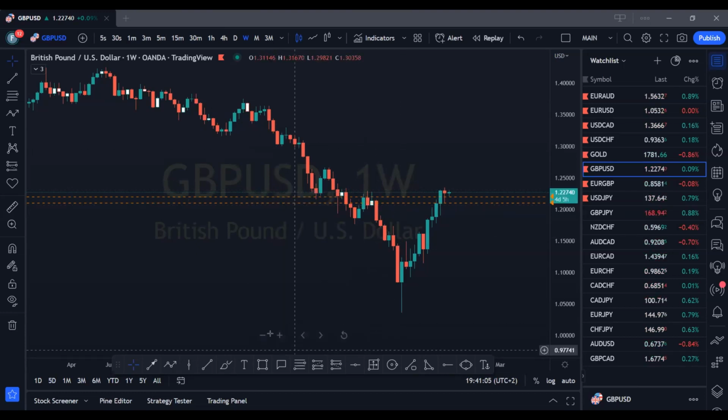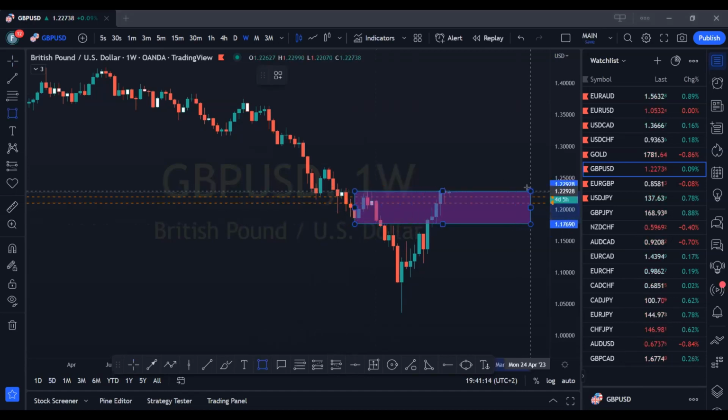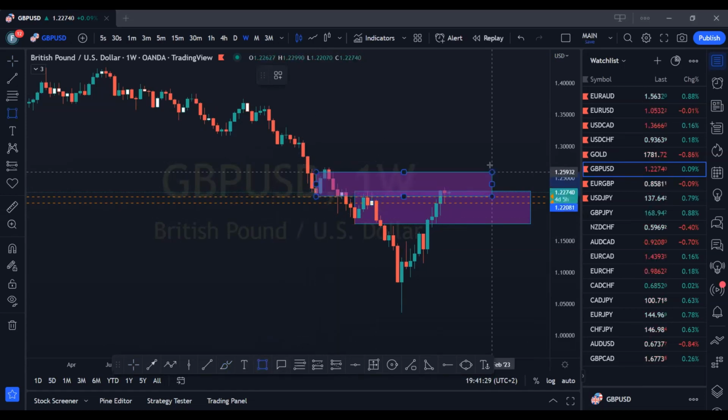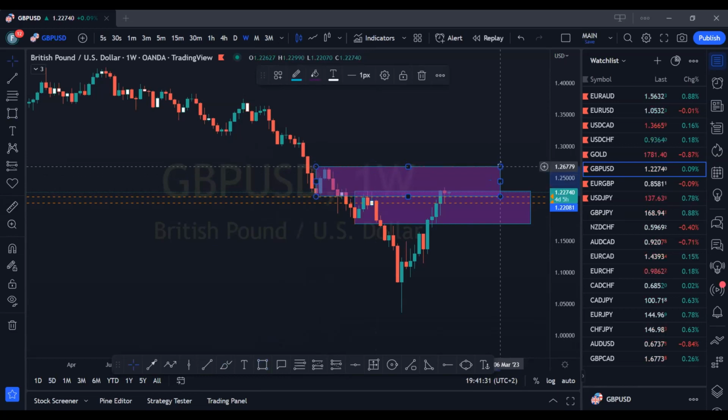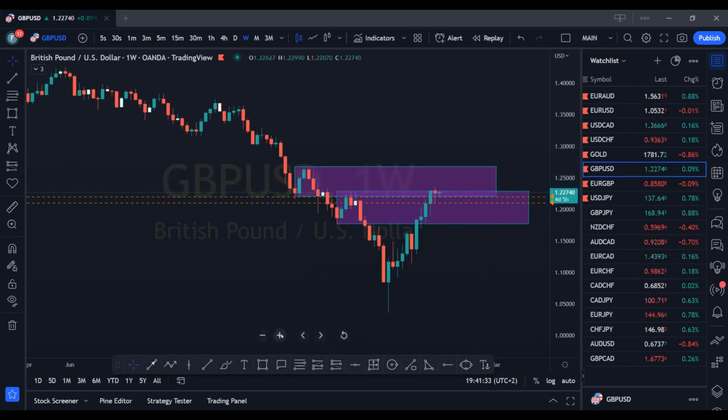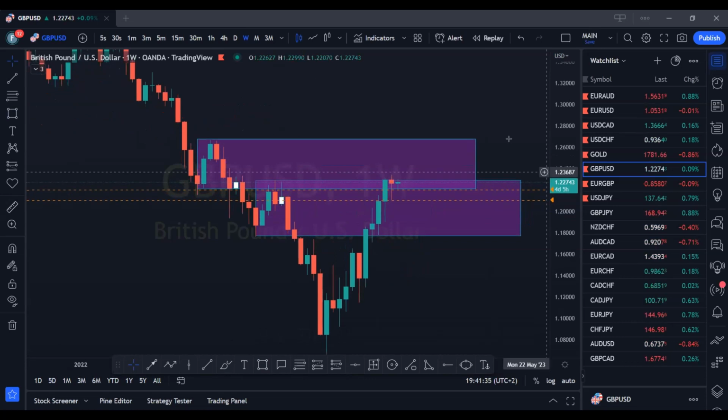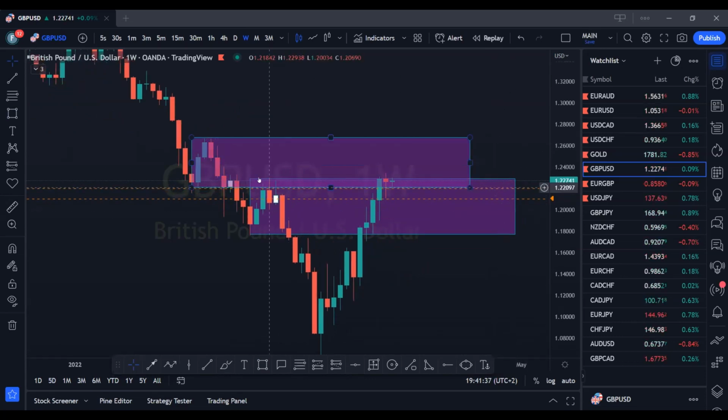So let's highlight that zone here. And then this is the supply range here, like so. Yes, Confidence, you're right, downtrend. So this is also another supply. So we have some form of what I call a cluster of supply. And then what do we have?